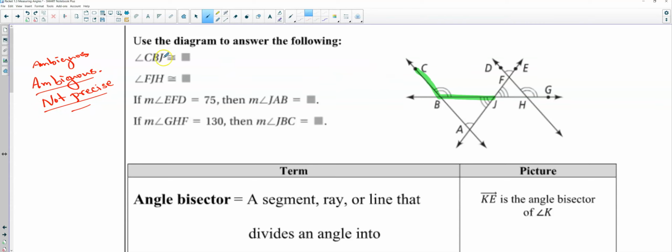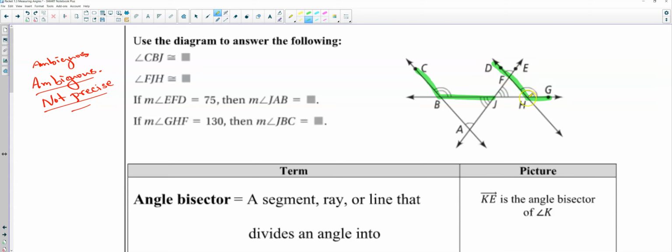Okay, so in this case, which one is congruent to angle CBJ? Well, angle CBJ has two arches, so I'm going to look for two arches. Here it is. So I'm going to call that angle G. I'm going to start here. Angle G, H. Notice I could say F or D. It does not matter which of these two I use. It's still the same angle.